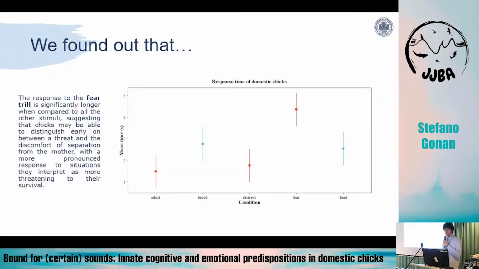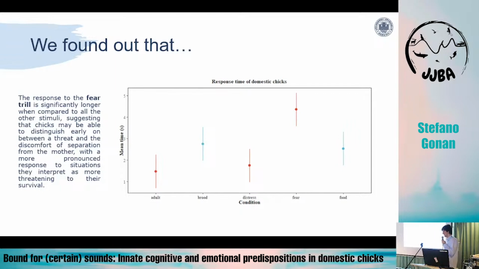Okay. So what did we discover in the first experiment with natural calls? Well, as you can see from this point range graph, one sound in particular stood out, that is the fear trill. So the animals tested spent significantly more time listening to this type of vocalization than to others.